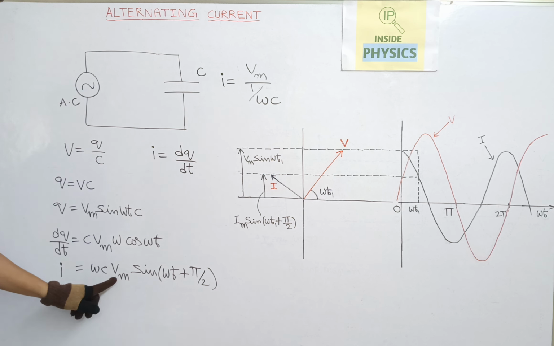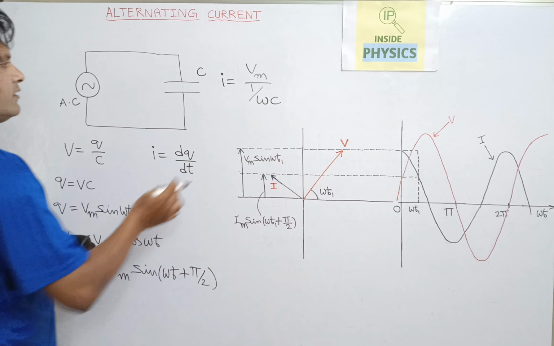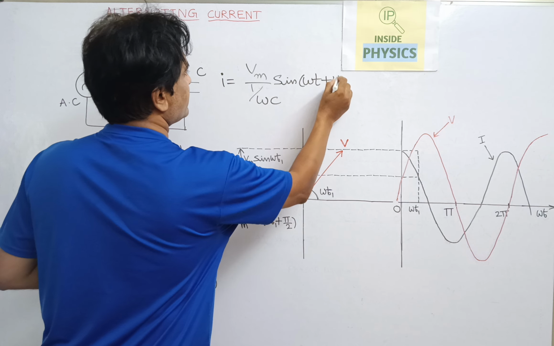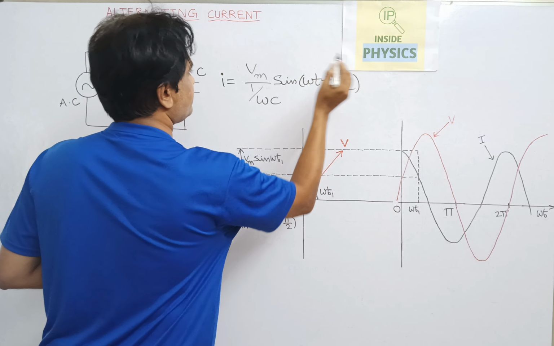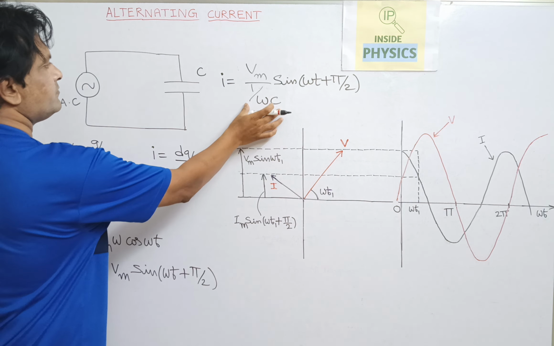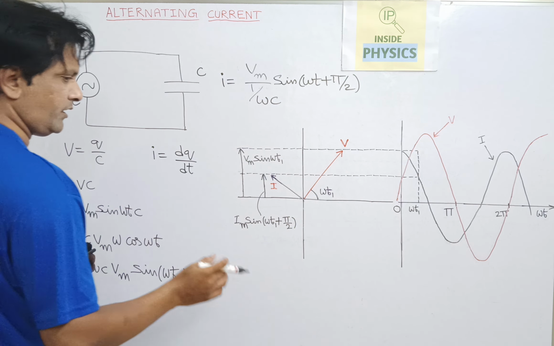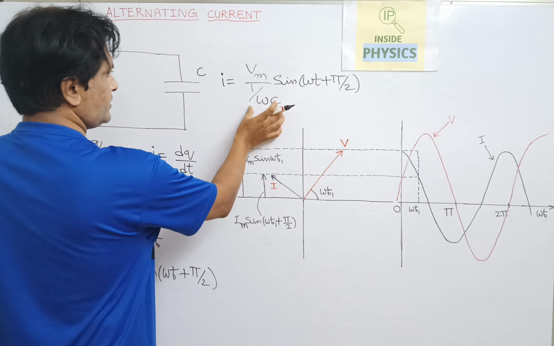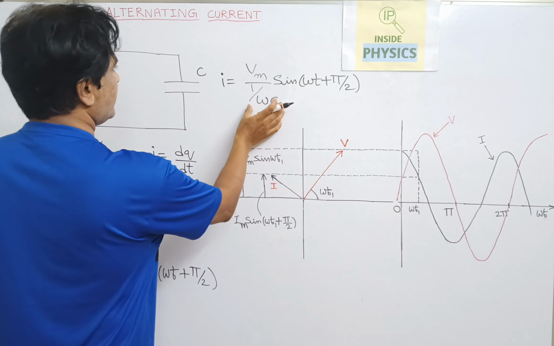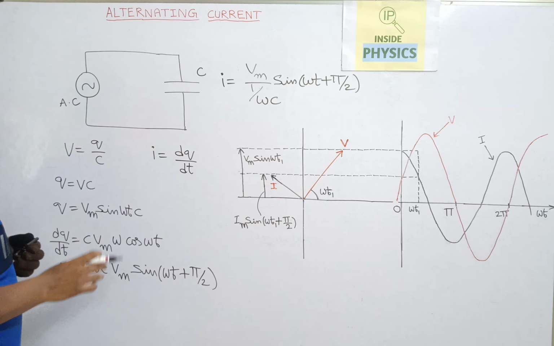Here I am taking this as a denominator in terms of reciprocal, 1 by omega C in the denominator, and besides there is a sine function which indicates the phase. Okay, so here this term looks like an impedance which is discussed in the LCR circuit, or this can be considered as a resistance of this circuit.